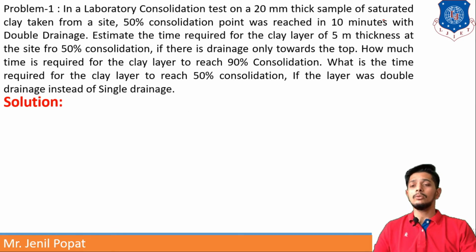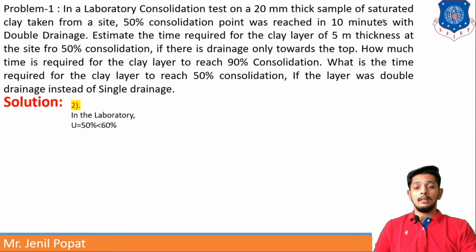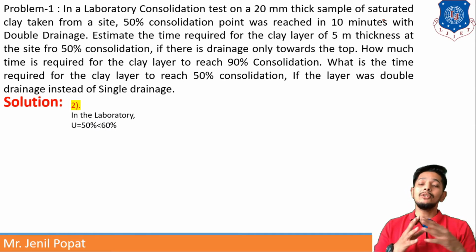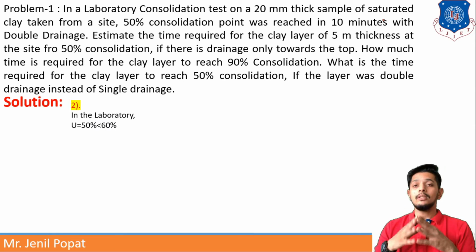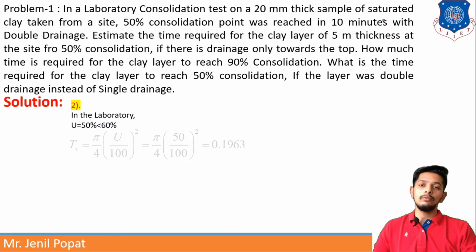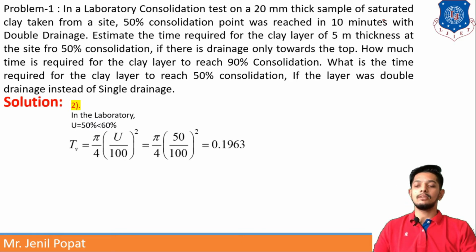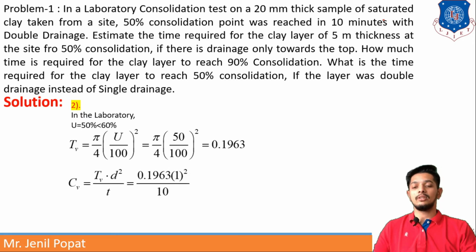Next, let us go to stage 2. Now, in stage 2, the degree of consolidation U is 50%, which is lesser than 60%. So we have to use the formula Tv is equal to pi by 4 times (U by 100) whole square, where U is given as 50%. So 0.1963 will be Tv.